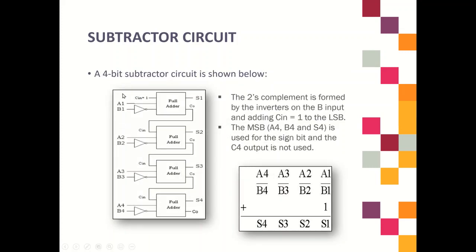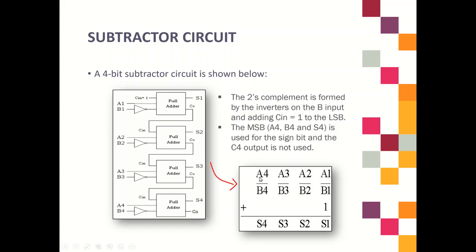So this is the 4-bit subtractor circuit. If you remember the 4-bit parallel adder, it is quite similar to the subtractor circuit, except that if you refer to this circuit, there is one gate that you need to connect to your B, which is the NOT gate. Why do we need to connect each B with a NOT gate? You need to refer to this process of subtraction.